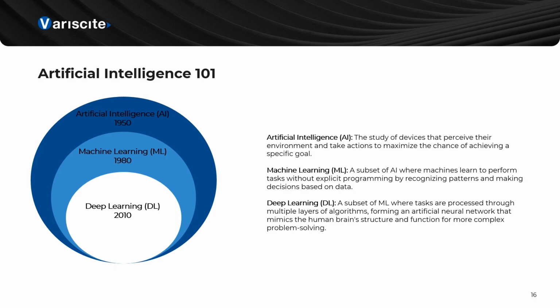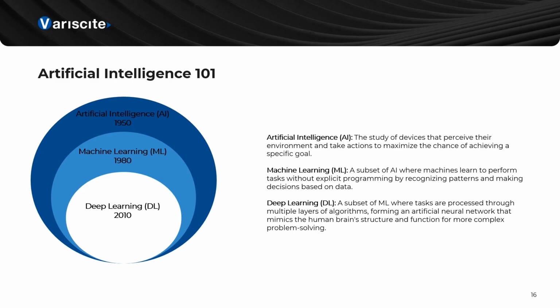DL uses artificial neural networks to mimic the human brain, with multiple layers of algorithms processing information. This allows machines to solve very complex problems, such as image and speech recognition. DL is the technology behind many advanced applications we see today, like self-driving cars and sophisticated language translation services.